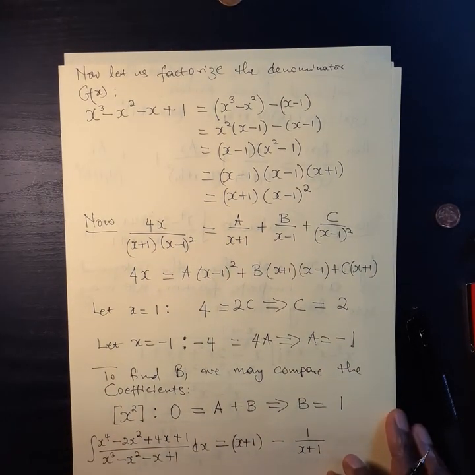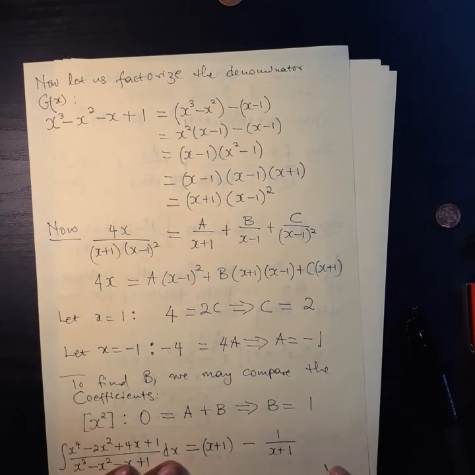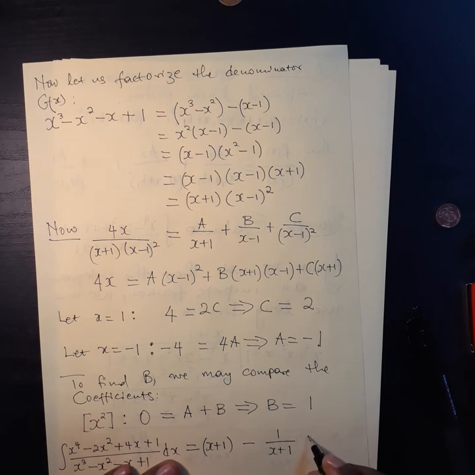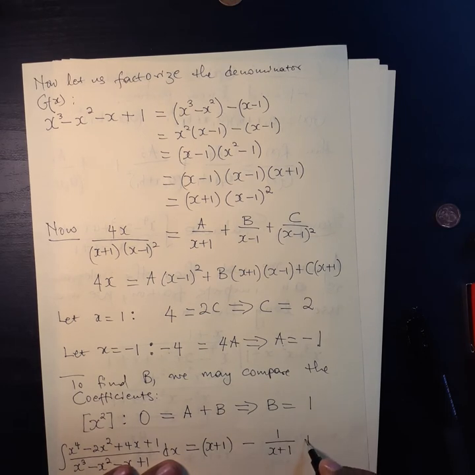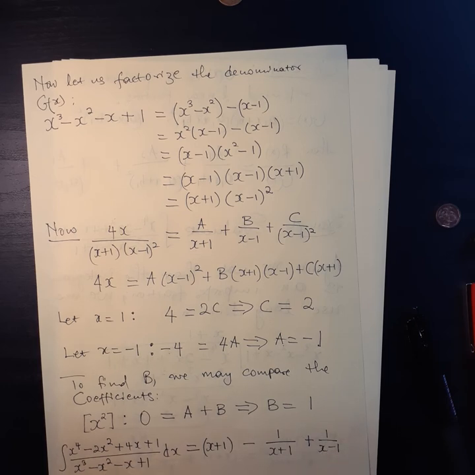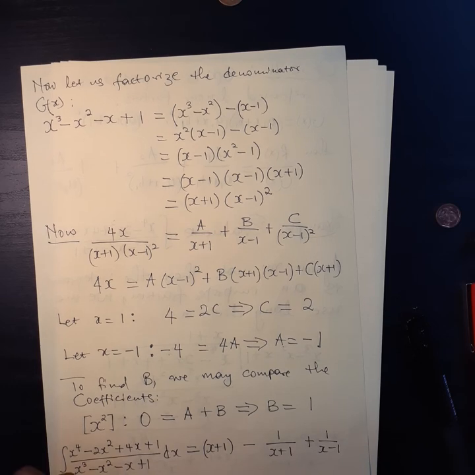And then our b is 1, so we have plus 1 over x minus 1. And then our c is 2, so we have plus 2 over x minus 1 all squared.